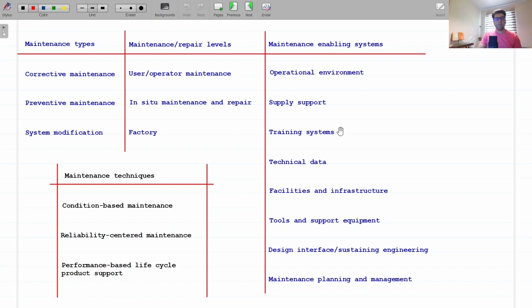Training systems provides maintainers with knowledge and skills required for proper system maintenance.